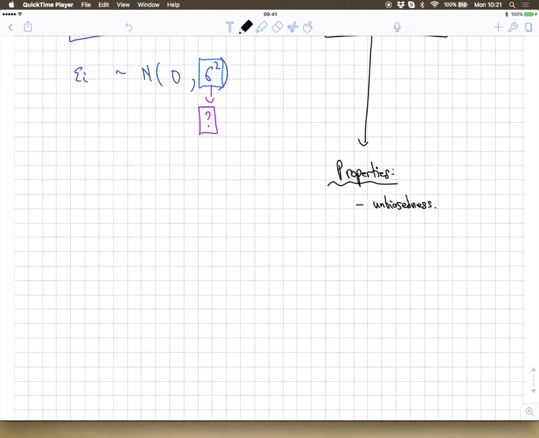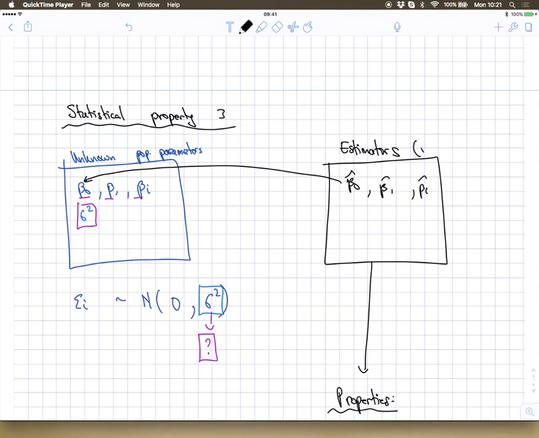What is unbiasedness? It means that the expectation of the estimator equals the true parameter. These estimators are random variables. In what sense? Every time you change the sample, you're going to get a different answer, right? So in the case of statistical property 3, I'm also going to have some estimator for this.